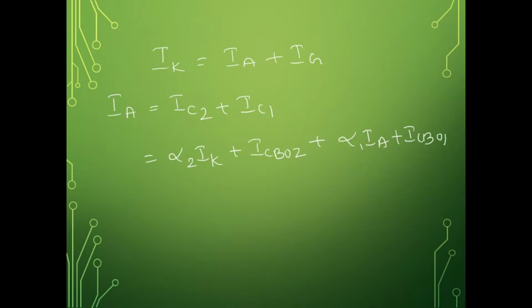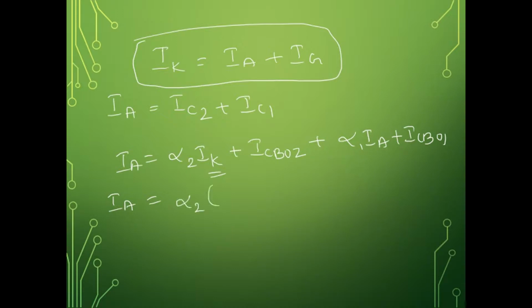I am rewriting this. Now in the place of IK, I will substitute IA plus IG. So it becomes alpha 2 into (IA plus IG) plus ICBO2 plus alpha 1 into IA plus ICBO1.